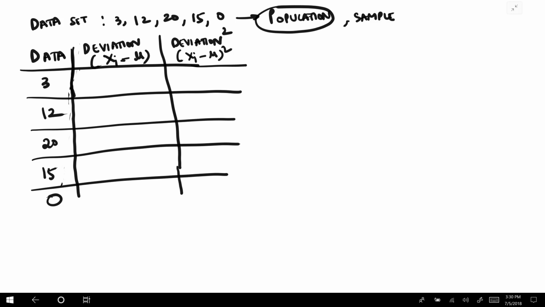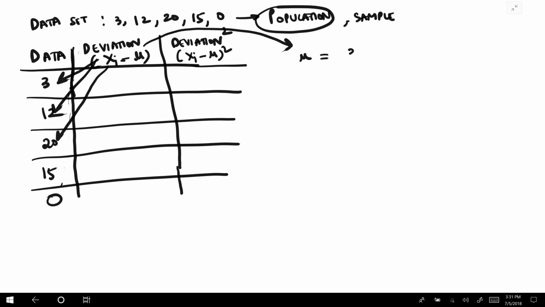So if we wanted to calculate variance or standard deviation, what we are saying is how much each of these data points, which is xi, is deviating from the mean of this data set. So we wanted to calculate the mean of this data set, mu, which is the average of this data set.